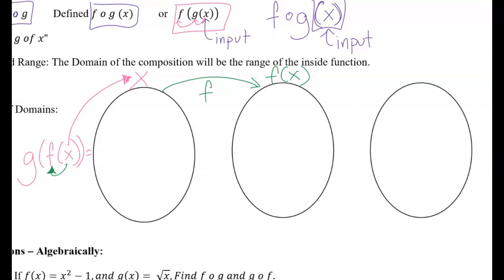Then your next letter after g is f, meaning you're taking what you got for g of x and using it as the input into f. So you're mapping whatever g of x was into f and you're getting f of g of x.